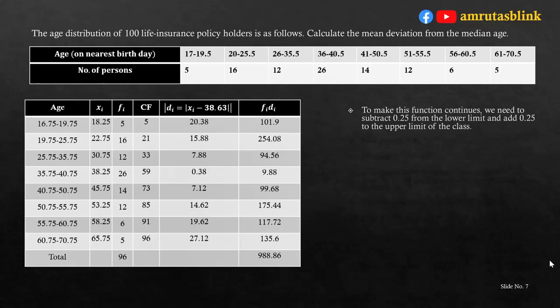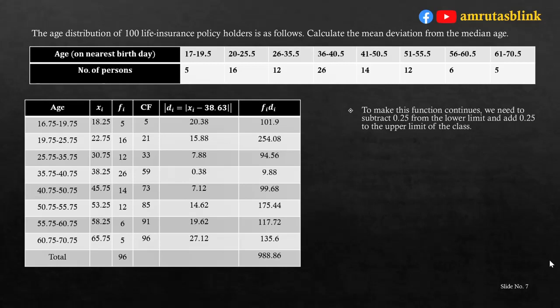So, if we add 0.25, it should be 19.75. So, the first class which was from 17 to 19.5 will become 16.75 to 19.75.